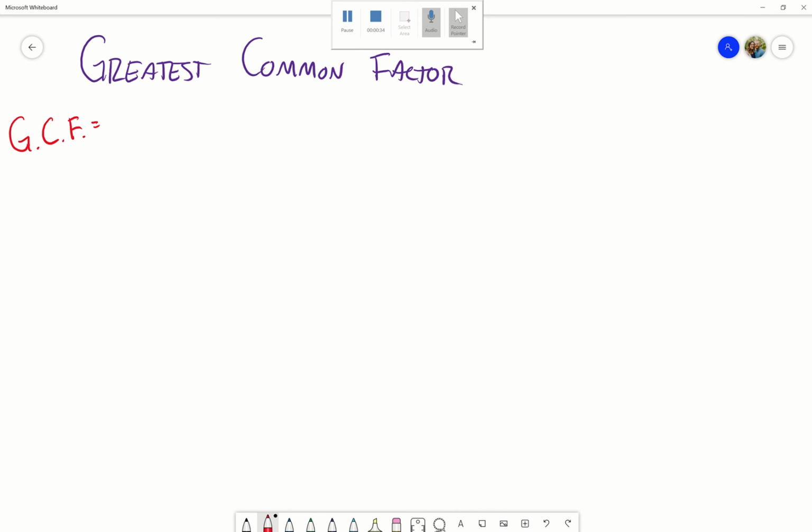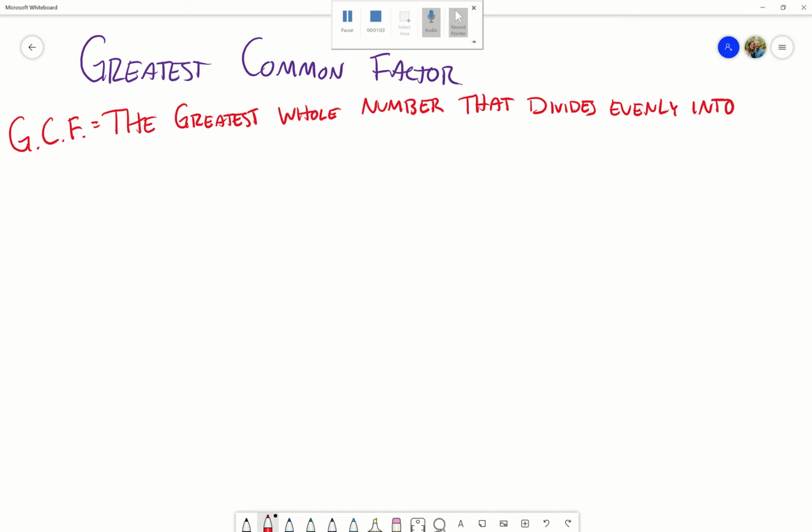this is the greatest whole number that divides evenly into two or more whole numbers.